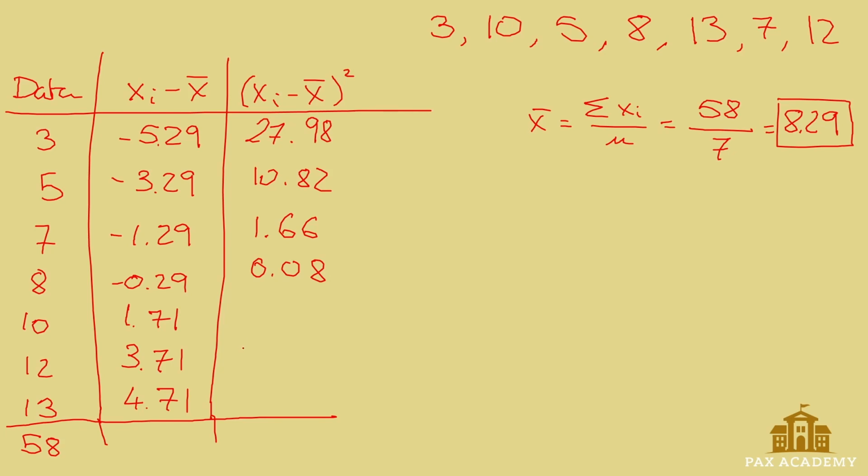Then we have 1.71 squared, which is 2.92. Then 3.71 squared is 13.76. And finally, 4.71 squared, 22.18. Excellent.